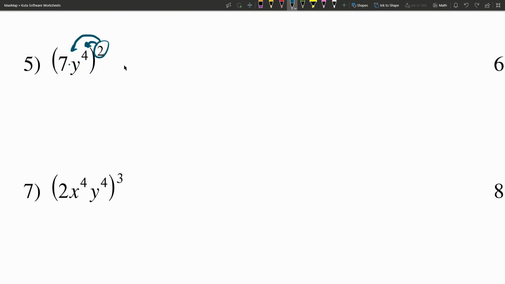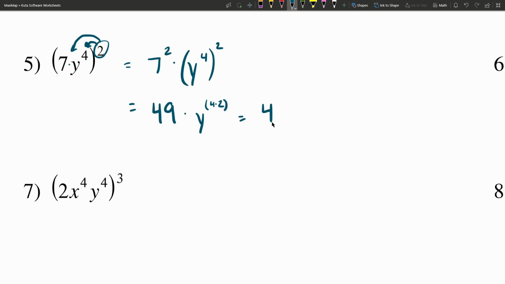So we're going to have 7 squared times y to the 4th, that quantity squared. 7 squared, we know, is 49, and y to the 4th squared is going to be y to the, what do we do to those exponents? We multiply them together. So this is y to the 4 times 2, which is going to give us 49 times y to the 8th, since 4 times 2 is 8.